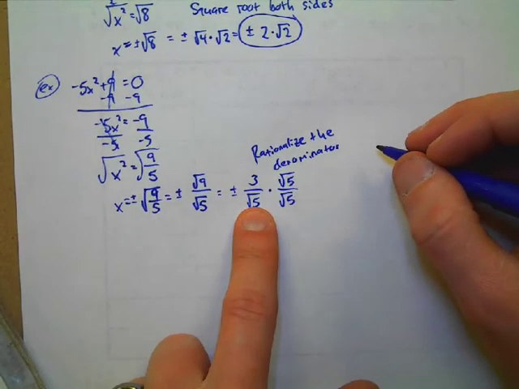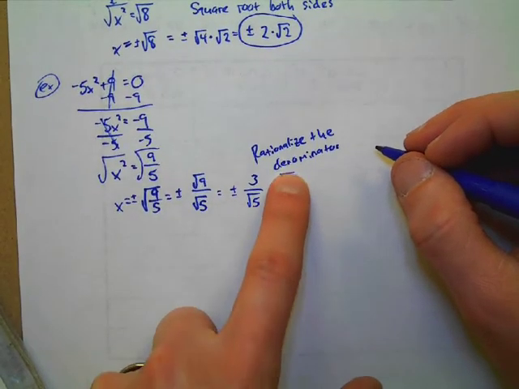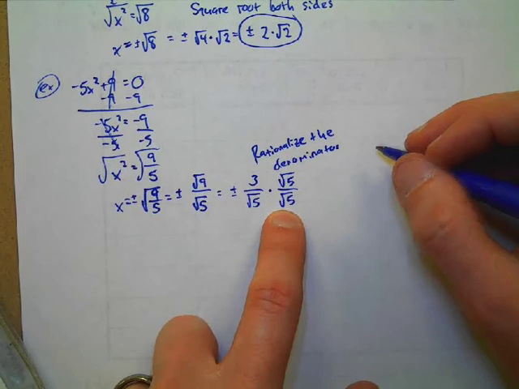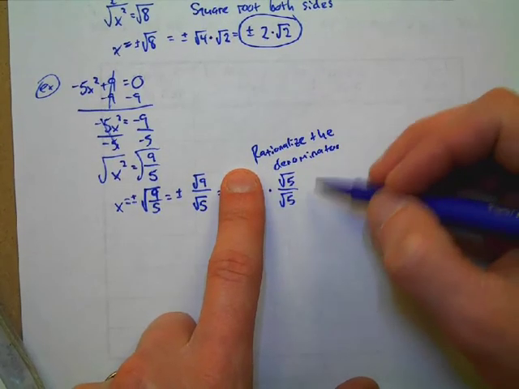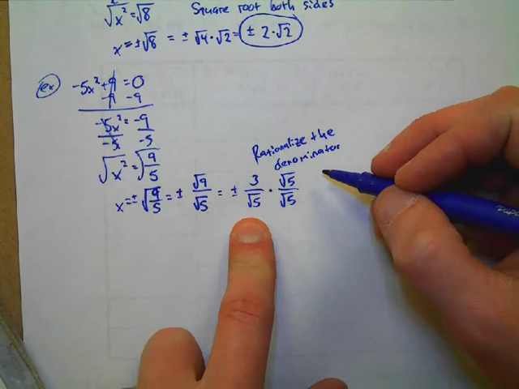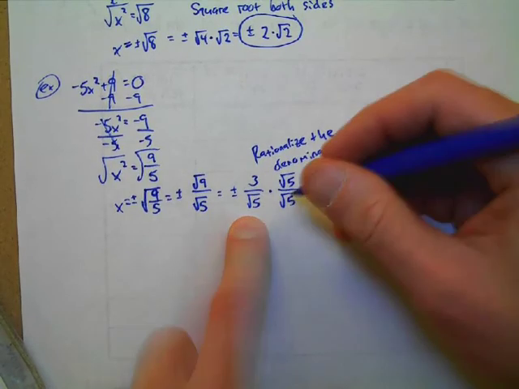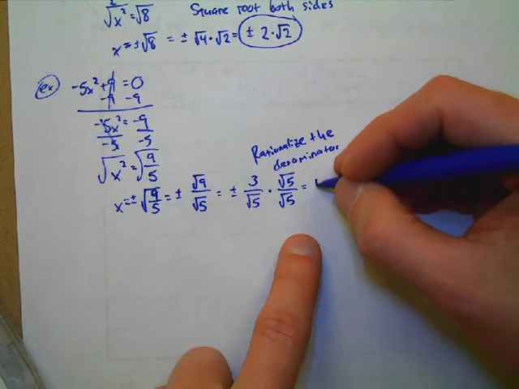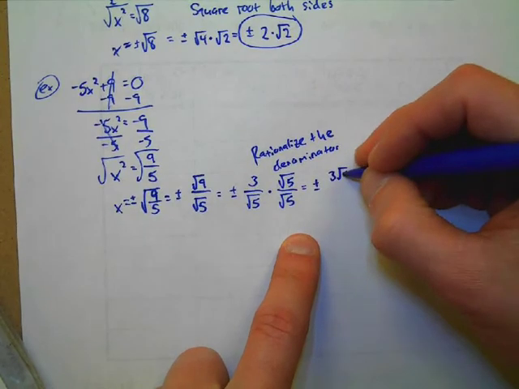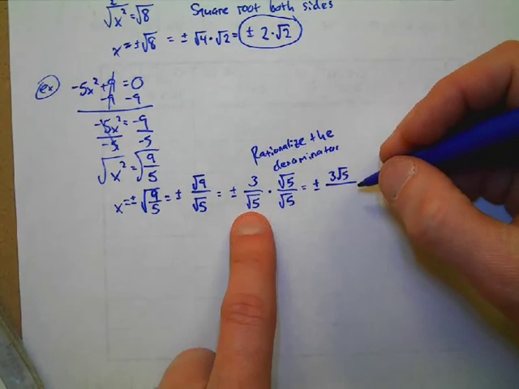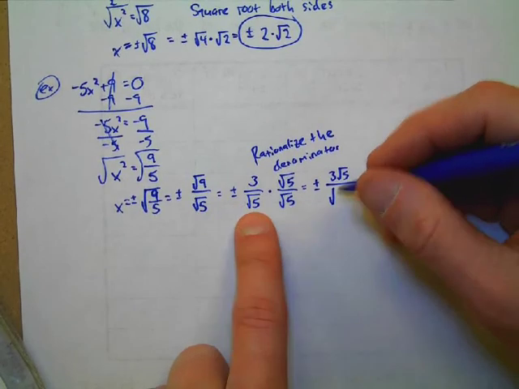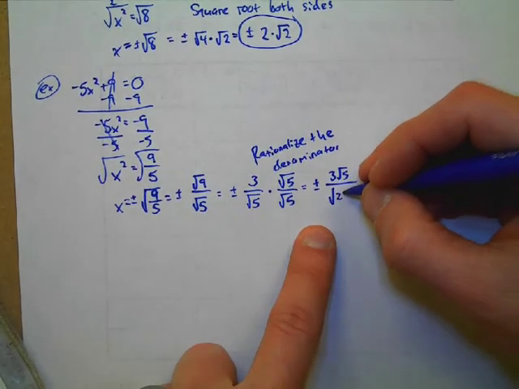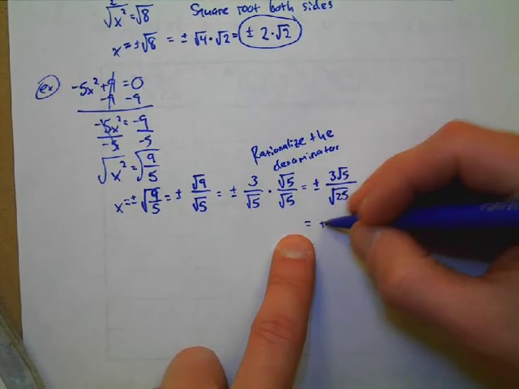So we're going to multiply the top and bottom by root 5. Because what is root 5 over root 5 really equal to? It's 1, right? So am I changing the value of this? When I multiply by 1, it doesn't change the value, but it changes how it looks. So it's going to be plus or minus 3 root 5 in the numerator over the square root of 25, because root 5 times root 5 is the square root of 25. And what is the square root of 25? 5.